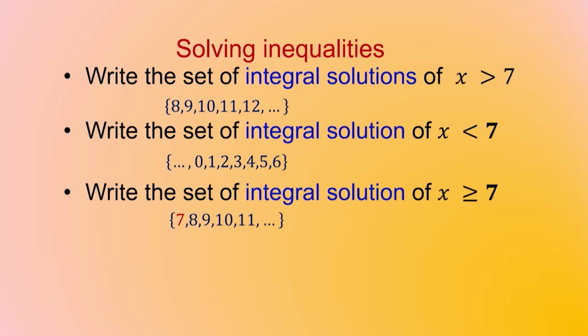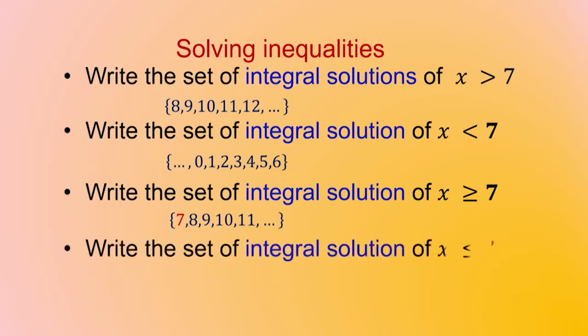Then you can write 7, 8, 9, 10 like that. The last one, what is this? Write the set of integral solutions of x is less than or equal 7. Again, x equal to 7. So first you have to write 7. Here the maximum number is 7. Then other numbers are 6, 5, 4, 3, 2, 1. Can write.